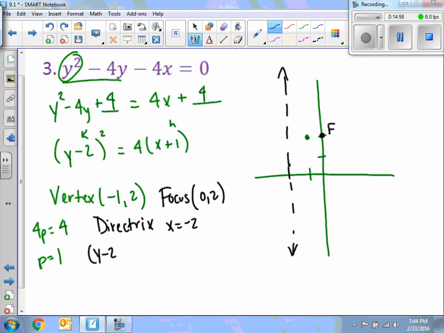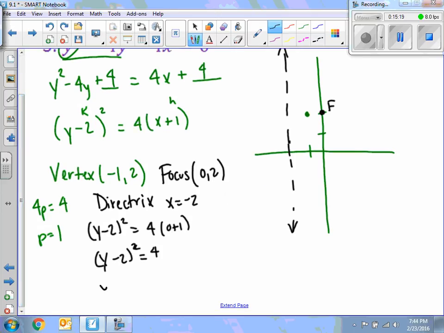So I have y minus 2 squared equals 4 times 0 plus 1, 0 plus 1 being 1. 1 times 4 is simply 4. So I really have y minus 2 squared equals 4. Square root both sides. Y minus 2 equals plus or minus 2. I end up with y equals 2 plus or minus 2.